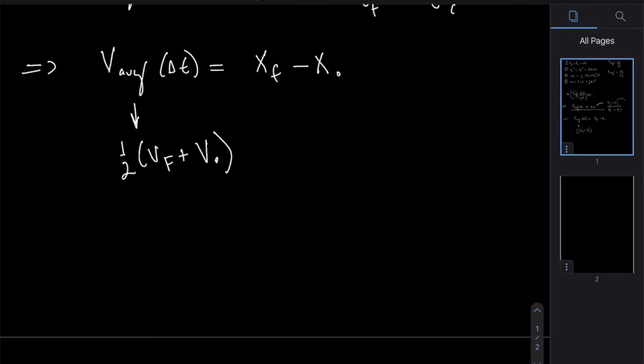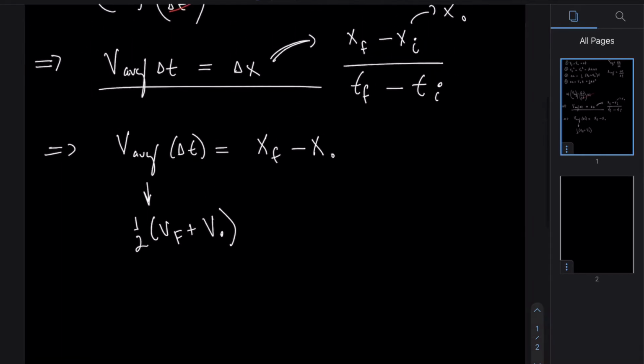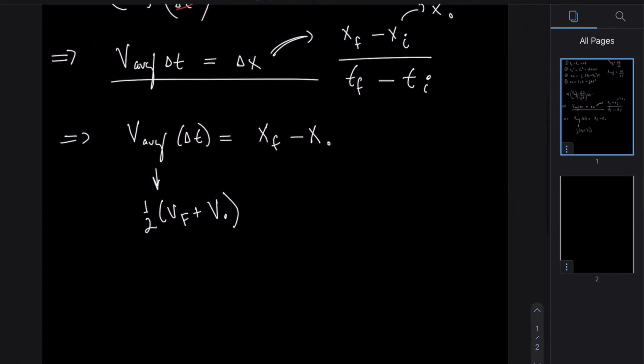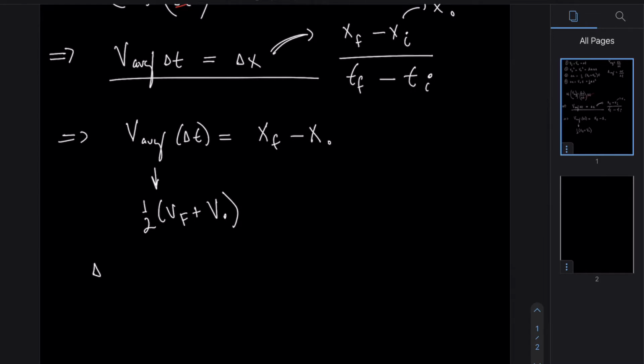So now we pretty much have everything. All we have to do is put it together, right? So we can start with delta x, which we got from right here, and that's going to equal the average velocity, which is 1/2 (v final plus v initial) times t, and we get the delta t from here.